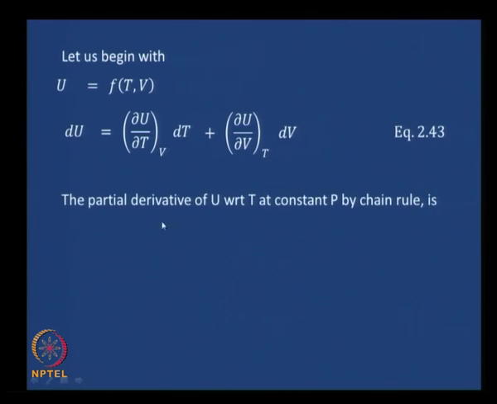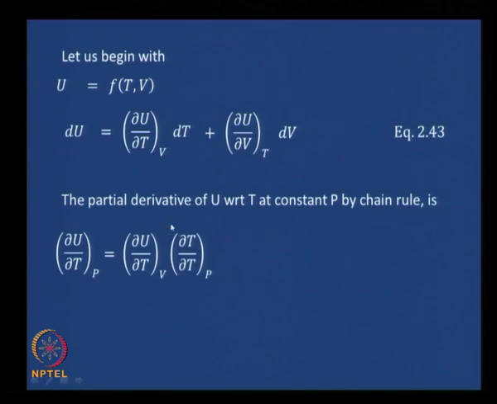Now, if we take the partial derivative of u with respect to t at constant p, then by using the chain rule we have dou u dou t at constant p equals dou u dou t at constant v times dou t dou t at constant p, plus dou u dou v at constant t times dou v dou t at constant p.